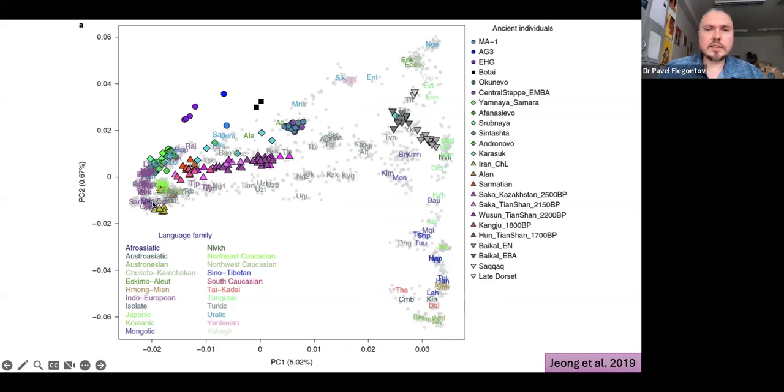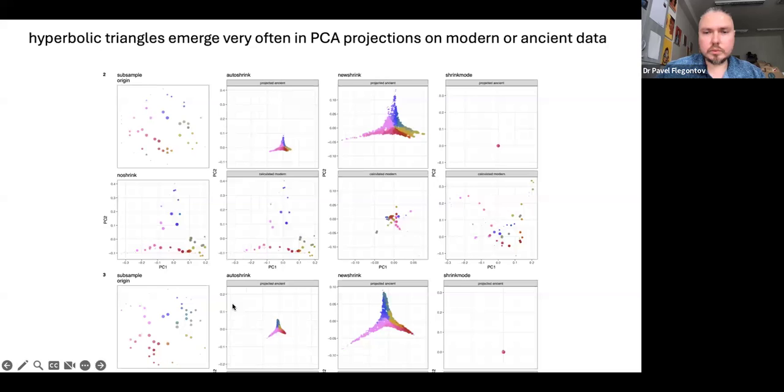Again, we see something very similar to a hyperbolic triangle, and I'm pretty sure that the effect we see here is identical to the effect shown here on simulated data, because the same projection algorithm was used, and we are dealing with a landscape that is sampled in a nearly random way and is sampled very sparsely if we are talking about ancient or modern individuals, because modern individuals are also very often not well representative of ancient variation.